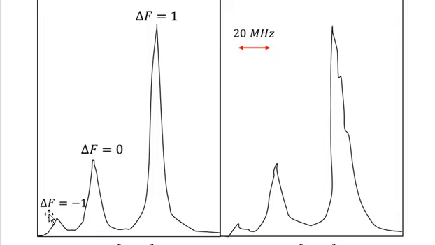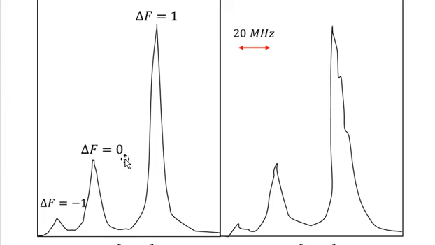So the intensity of the peak for delta F equal to -1 is much lower, the peak for delta F equal to 0 is relatively better, and the peak for delta F equal to 1 is much enhanced.